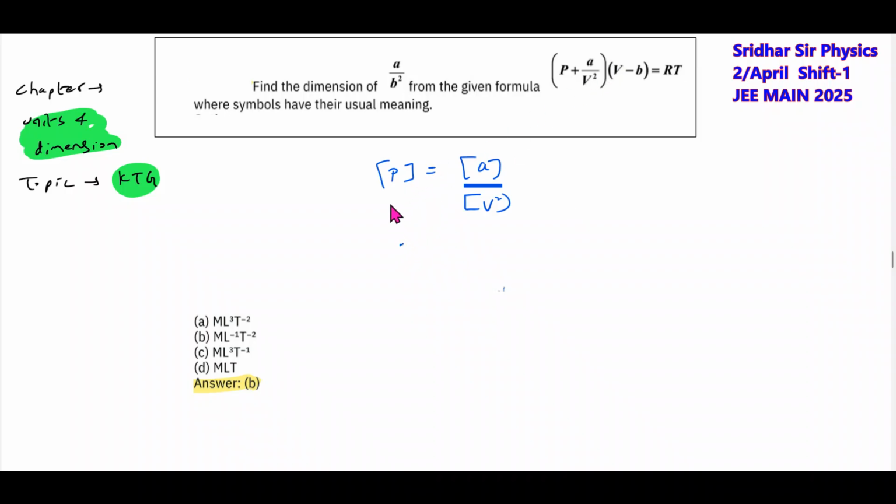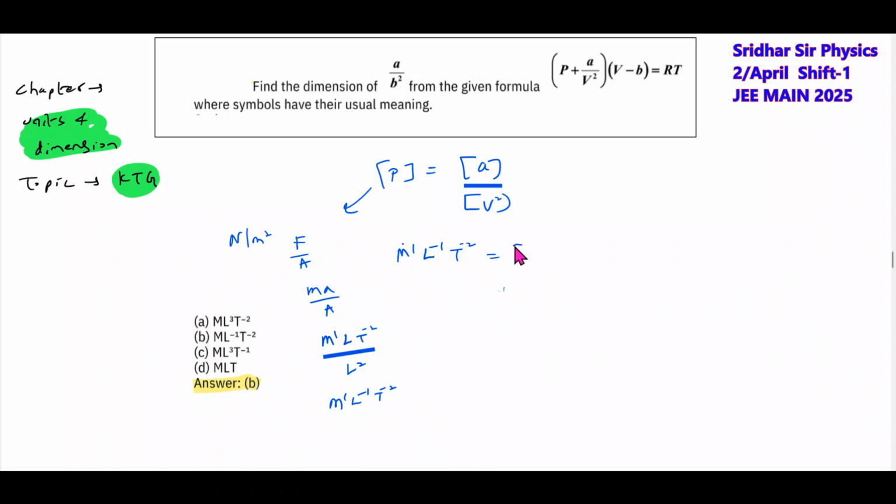Directly I am writing the dimensions of pressure will be M1 L minus 1 T minus 2. Or if you have forgotten this in the exam, pressure is force by area. Force will be mass into acceleration, M1 into acceleration L T minus 2. Area will be L square. So the dimensions will be M1 L minus 1 T minus 2.